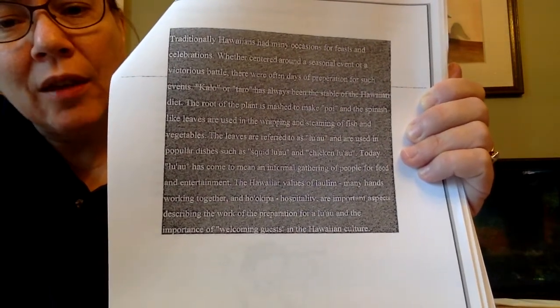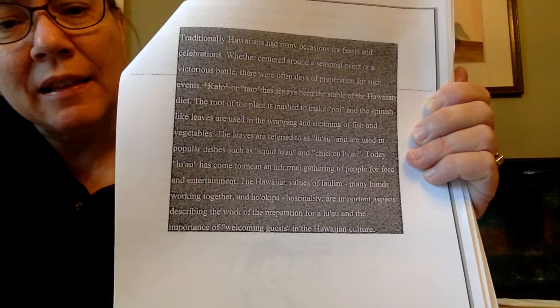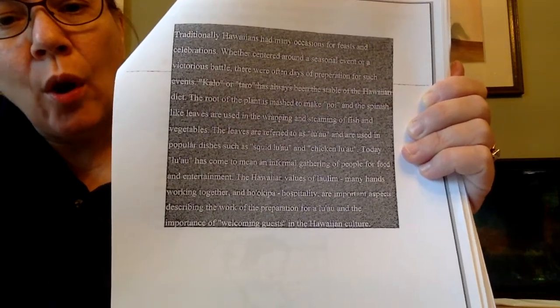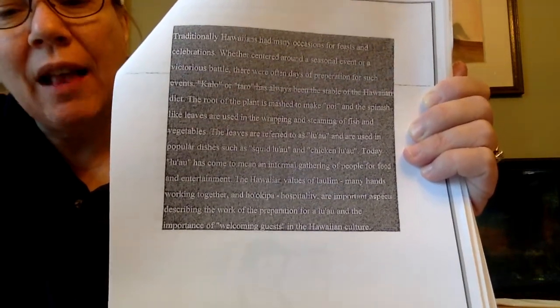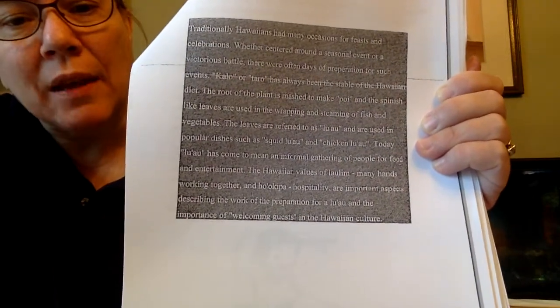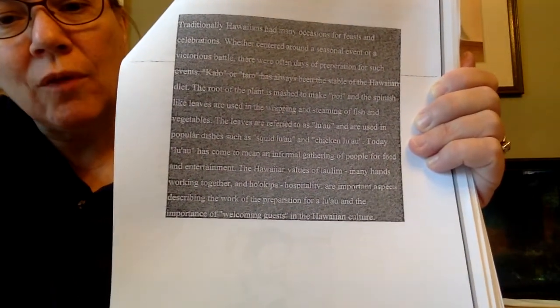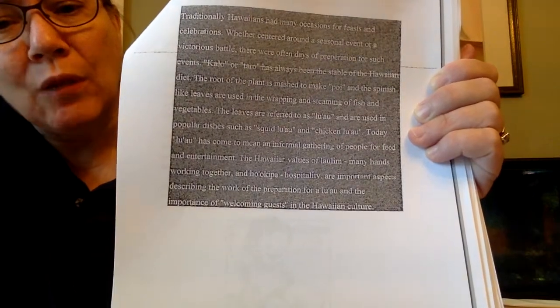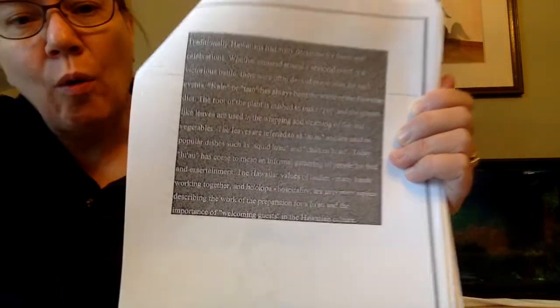The Hawaiian values of laulima, many hands working together, and ho'okipa, which is hospitality, are important aspects describing the work of the preparation for a luau and the importance of welcoming guests in the Hawaiian culture. Okay. So you can pause this here now if you would like to circle true or false, or you can keep the video going because we're getting ready to look at our closed crossword puzzles.